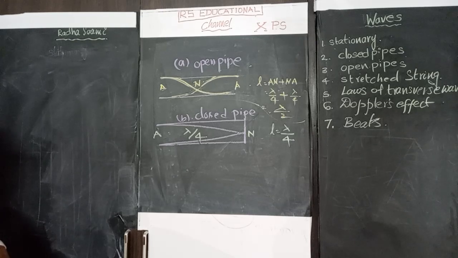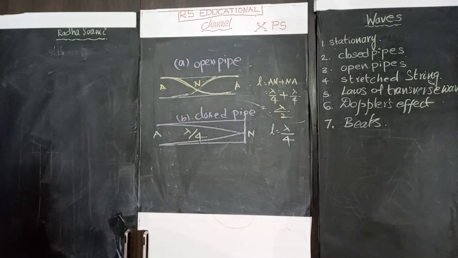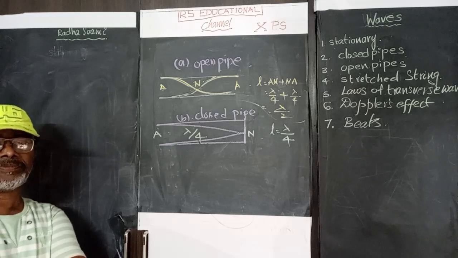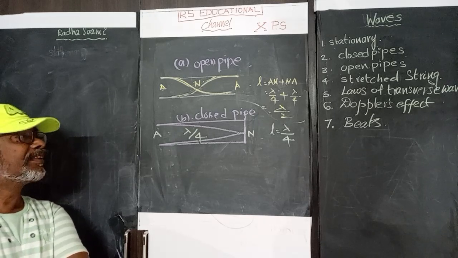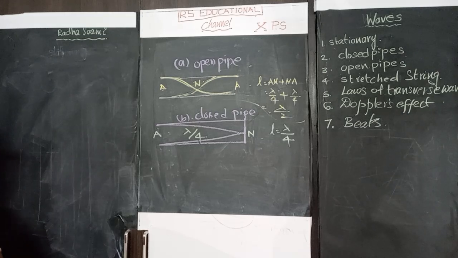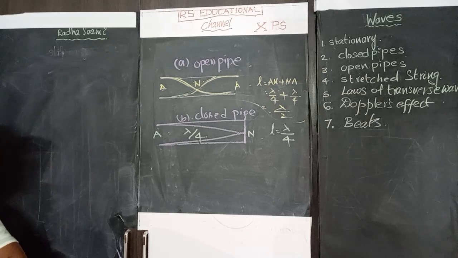This is very important. Why it is lambda by 4 in a closed pipe and lambda by 2 in an open pipe. Next we have to find the equations for open and closed pipes.